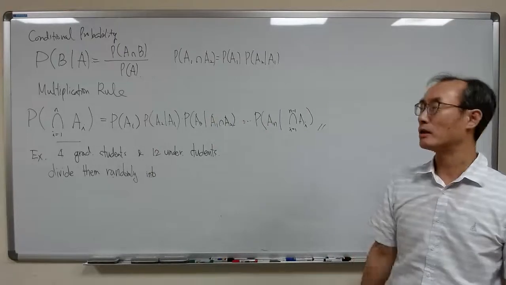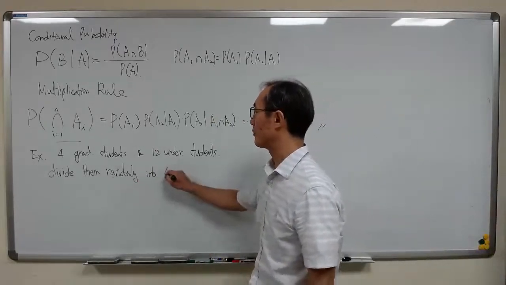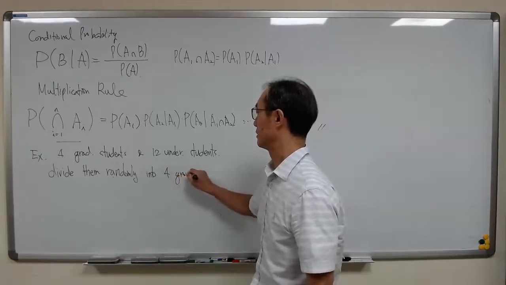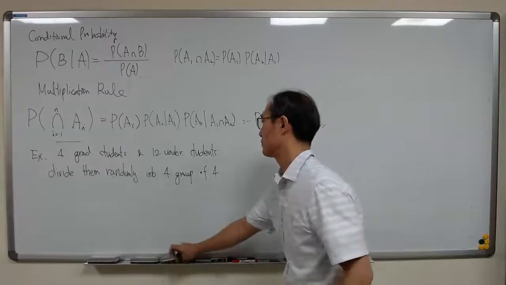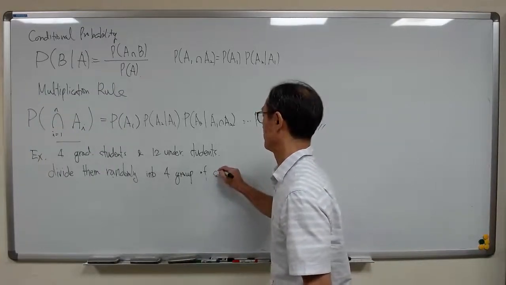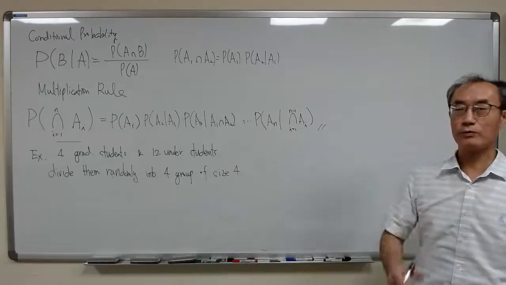So we have all 16 students, and I'd like to divide them randomly into 4 groups of size 4. So every group should have 4 students.